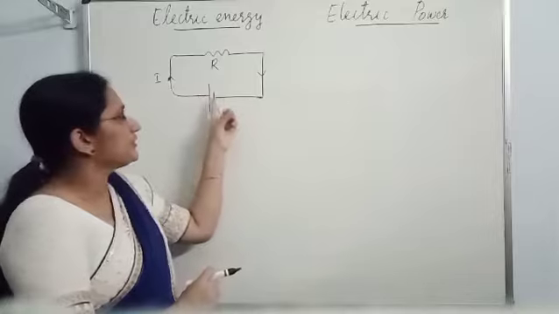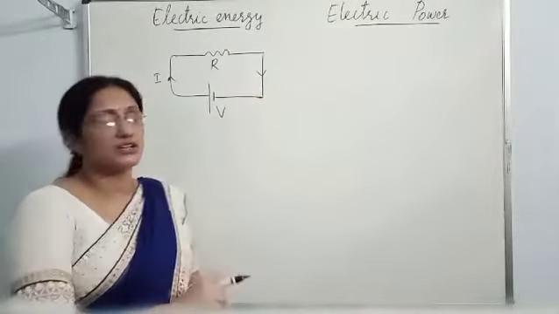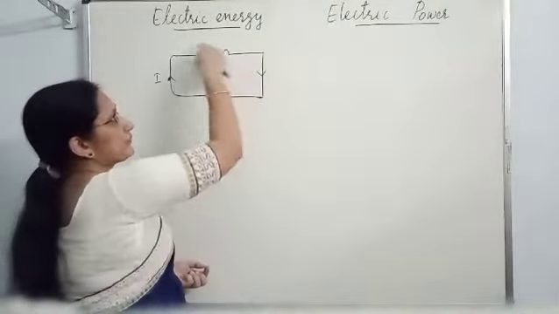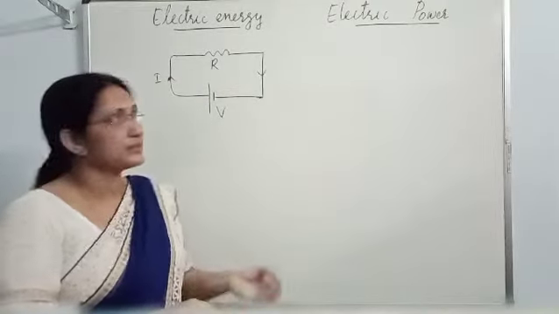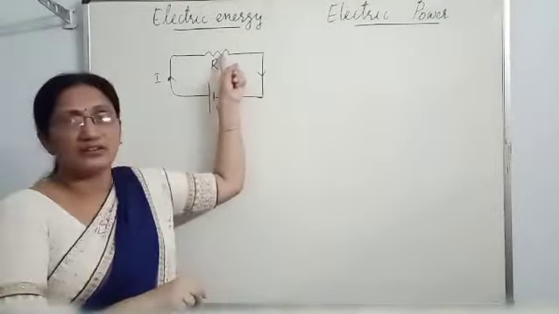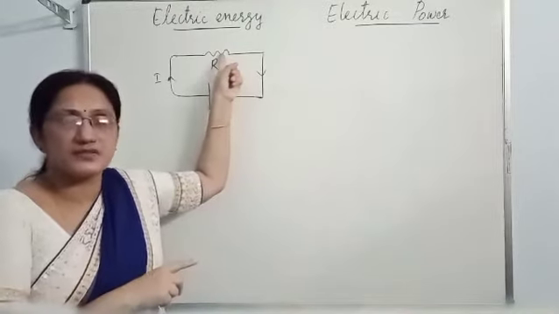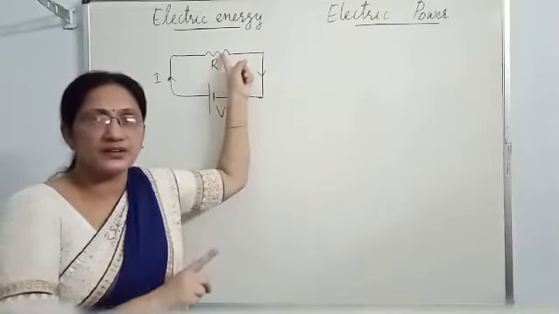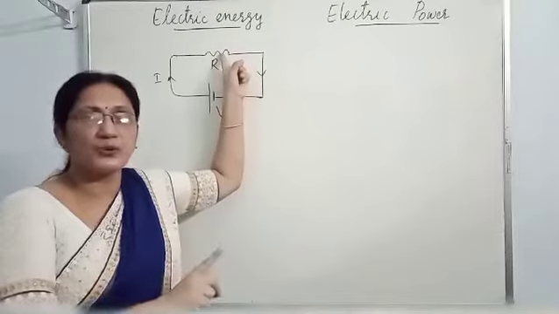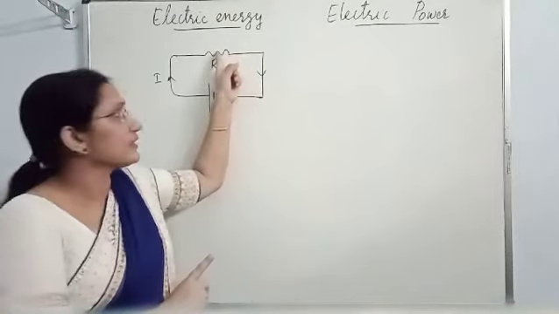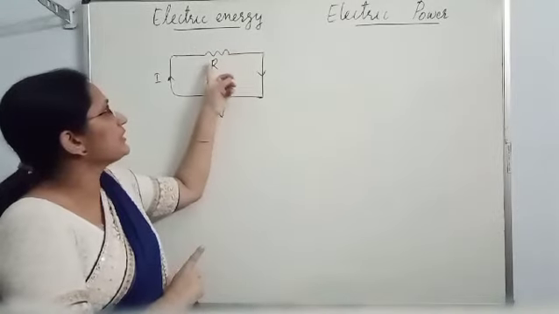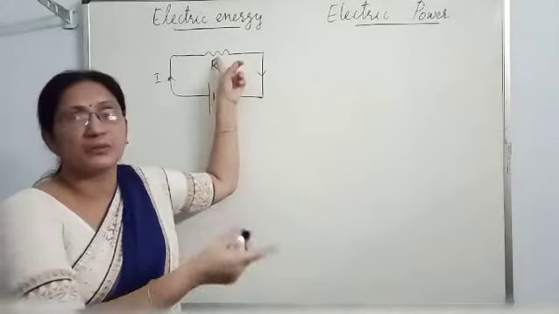When this circuit works, electrons are continuously flowing in the circuit. While the electrons flow, they lose energy while passing through the resistance. Because of the resistance, electrons have to do some work, or electrons have to spend some energy. That energy will be getting converted into some other form.